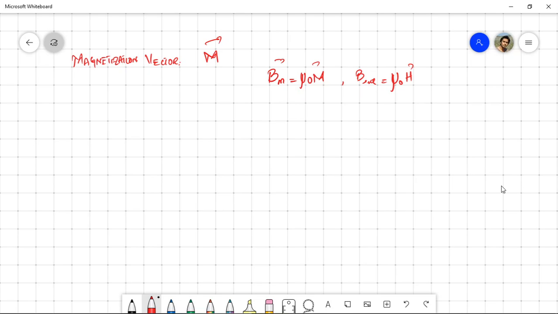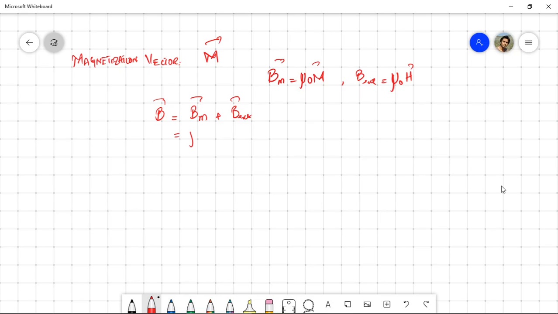Whenever we place a material in the vicinity of an external magnetic field and the atoms have aligned themselves according to that external field, then in order to calculate the value of total magnetic flux, we have to take into account the magnetization of that material plus the external magnetic field. So we have B_M and we have B external.